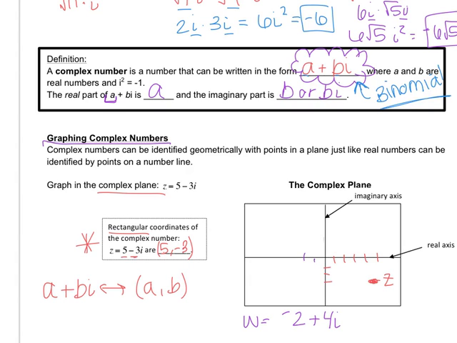And then the imaginary part of that number would be positive 4. 1, 2, 3, 4. And now plot that point W right there. So that's how you go from binomial to rectangular and back and forth. It's a very easy switch.